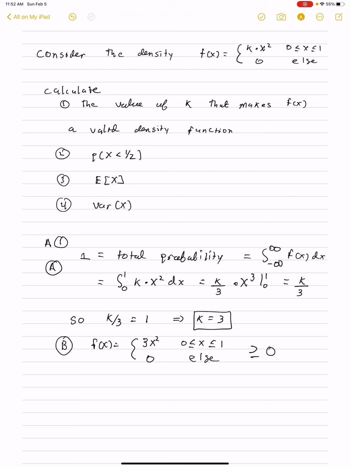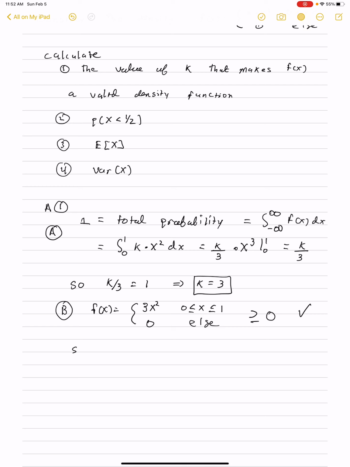This is bigger than or equal to 0, and that is the second requirement to be a valid density function. So f of x is a valid density function, and we found the value of k that makes it work.